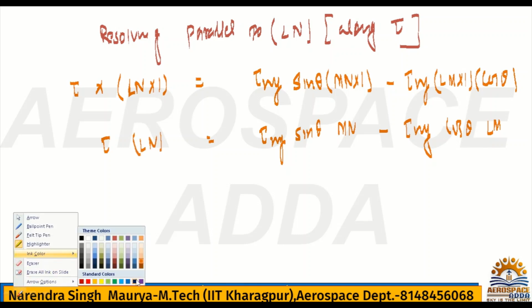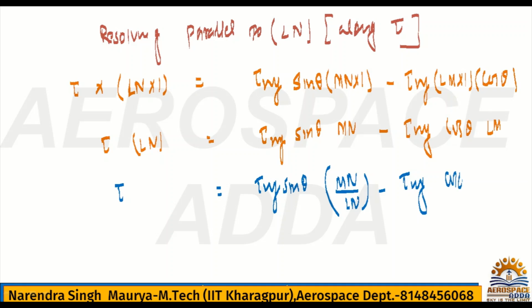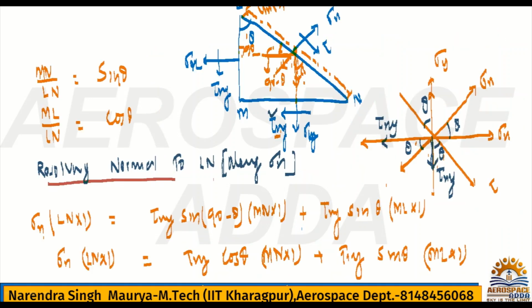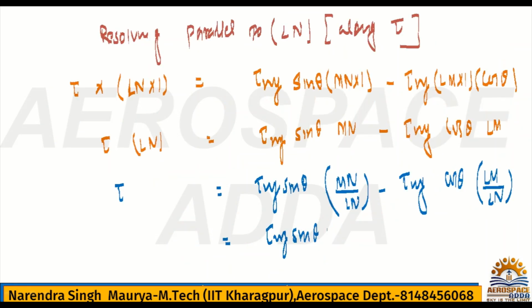Now if you write this, tau is tau xy sin theta mn divided by ln minus tau xy cos theta lm by ln. So what value will you get? mn by ln, I told you, is nothing but sine theta, tau xy.